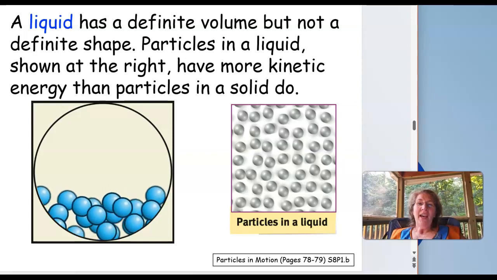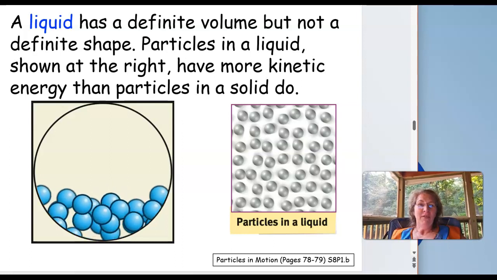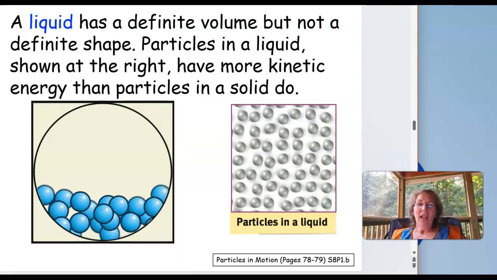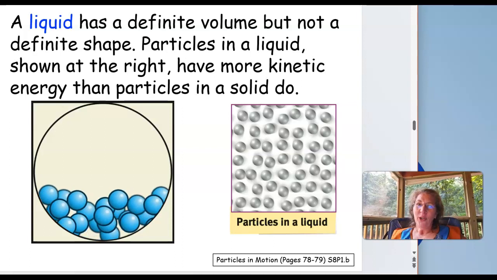So if you have a round bowl and pour water in it, the water is going to have a definite volume, but it's going to take the shape of the bowl. If you take that same amount of water and pour it into a cylinder, instead of being in the bowl, it's going to change to the shape of the cylinder. But it'll be the same volume of water.